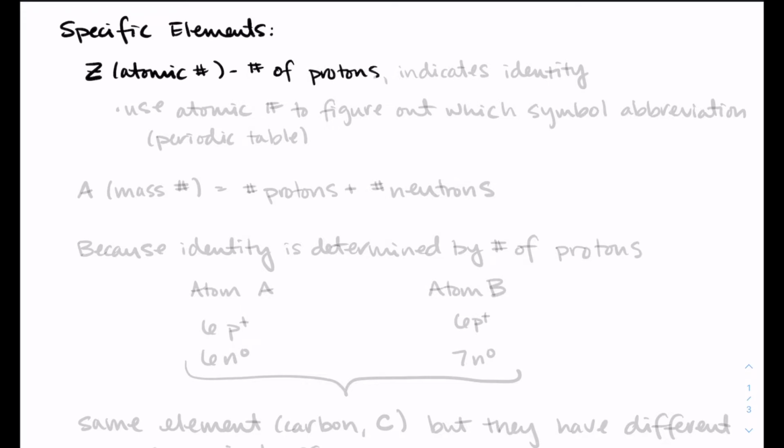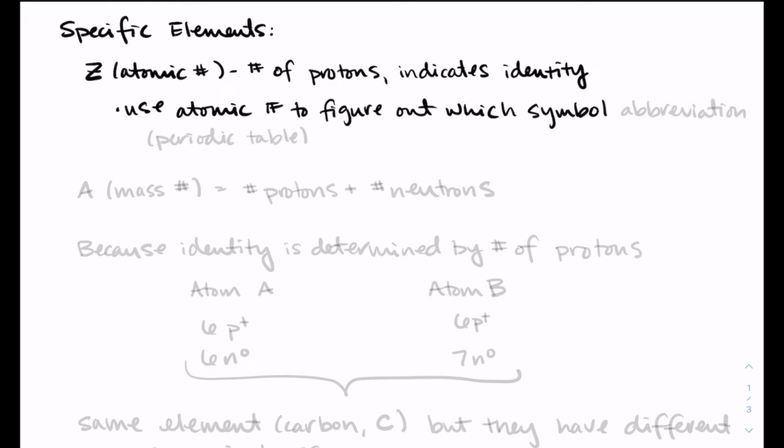So Z is the letter symbol that we use to talk about the atomic number, which is the number of protons in the nucleus, and it indicates identity. So something with 5 protons will always be the same element because the number of protons tells you the identity of that element.